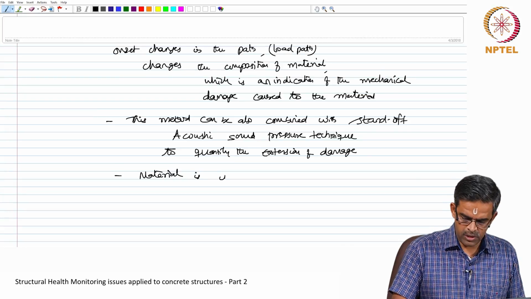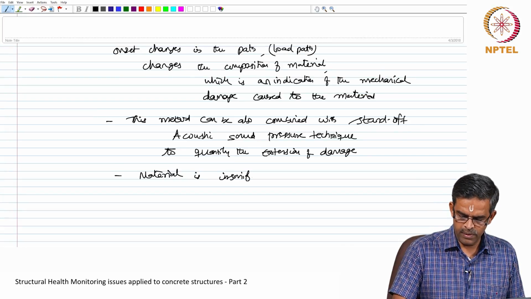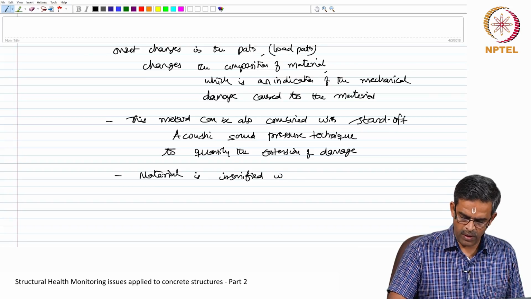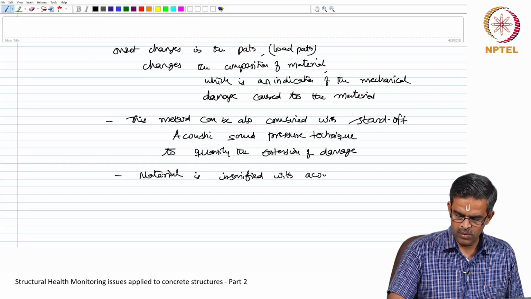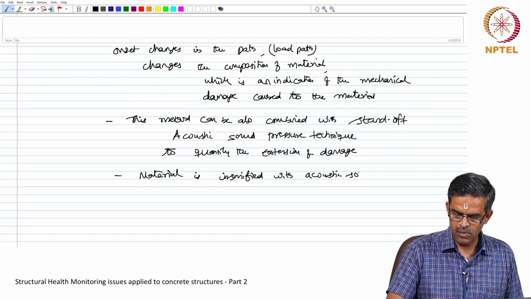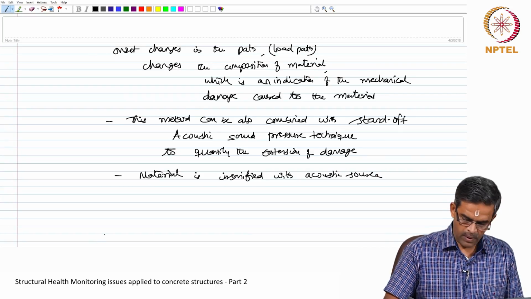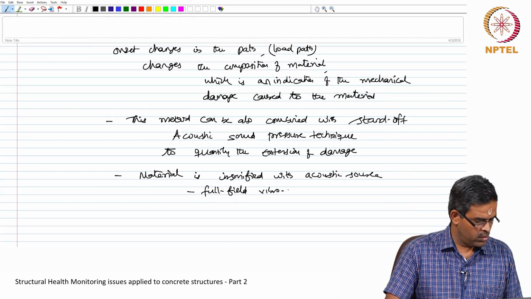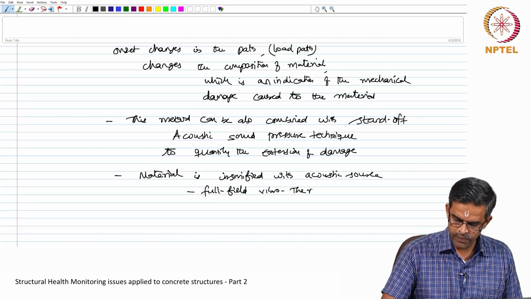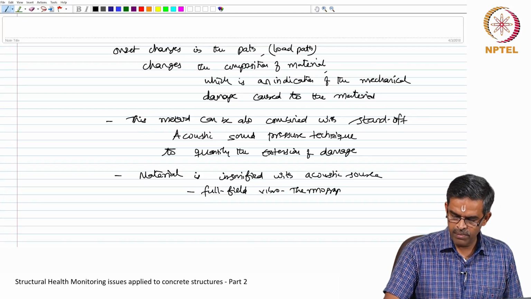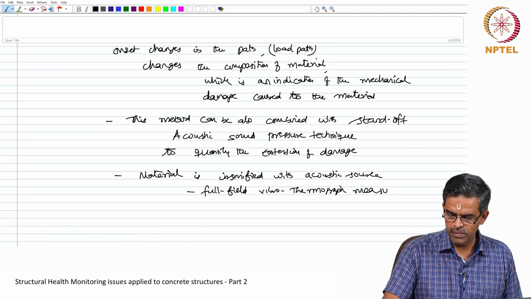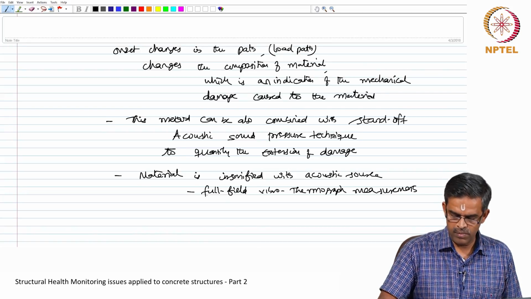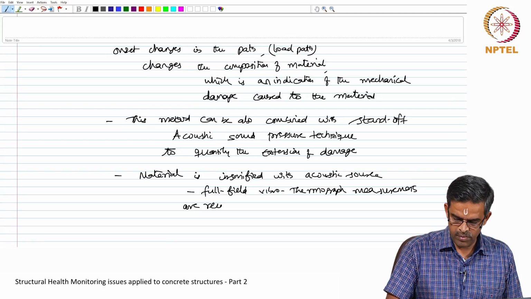Material is insonified with acoustic source and the full field vibro thermograph measurements are recorded to characterize the material.